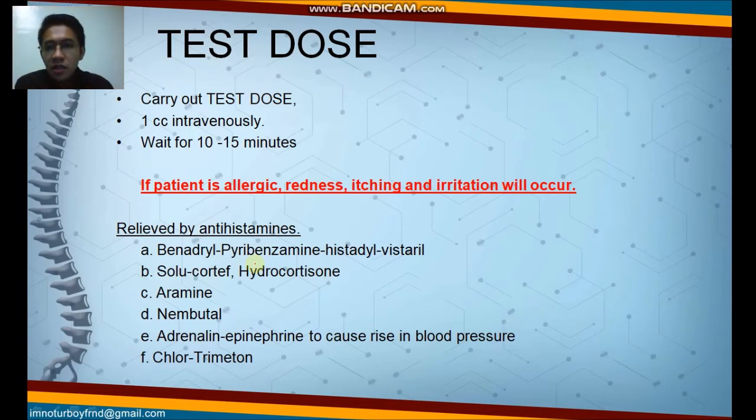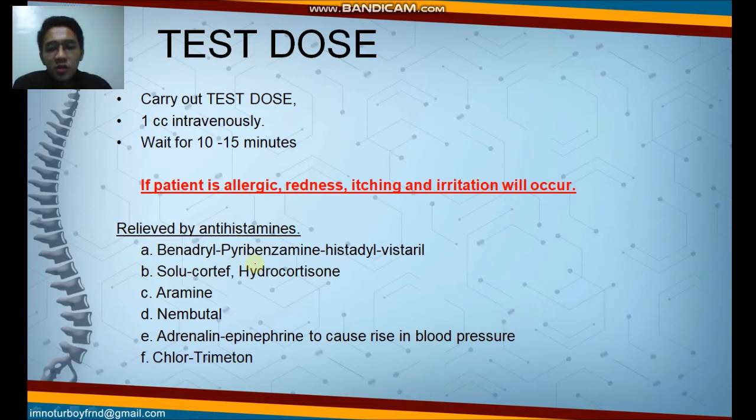So how to test for the sensitivity of the patient? For example, your patient denies any allergic reaction to any drug, denies any reaction to any food or any substances that contains iodine. Okay? So, ni-deny gid sa patient ato nga mga conditions. So, that means okay siya, wala gid siya reaction sa iodine. That is according to the patient.